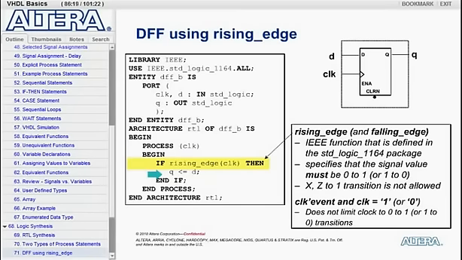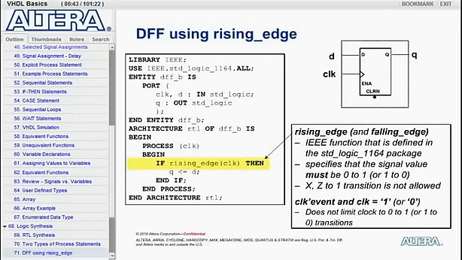If the clock transitions, let's say from 1 to 0, then the rising edge test would fail and the Q output would not change. Along with the rising edge function, the IEEE has also defined a falling edge that indicates that a 1 to 0 transition must occur.